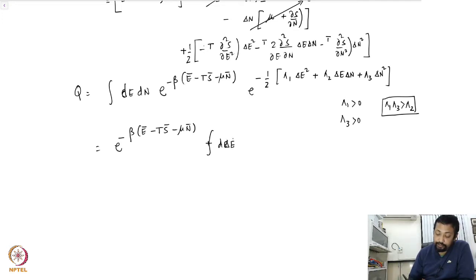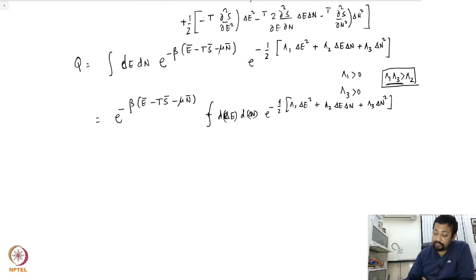One can now convert it to d of delta E, d of delta N, because this is a shift of variables, e to the power minus half lambda 1 delta E square plus lambda 2 delta E delta N. Lambda 1 will be the inverse of the specific heat. The coefficient of delta N square will be the del N del mu that we did, and one can verify this very easily, right?